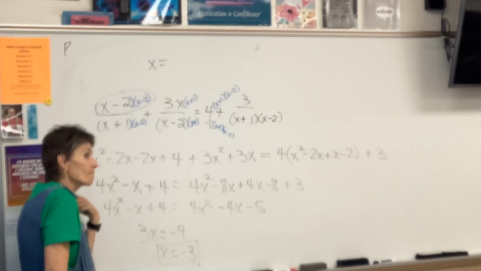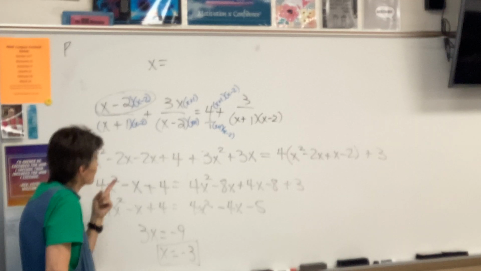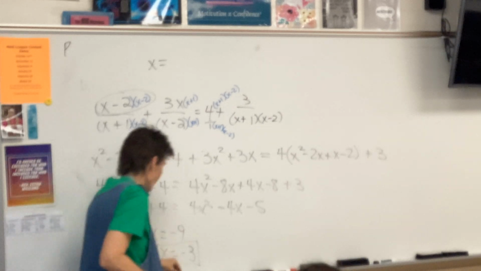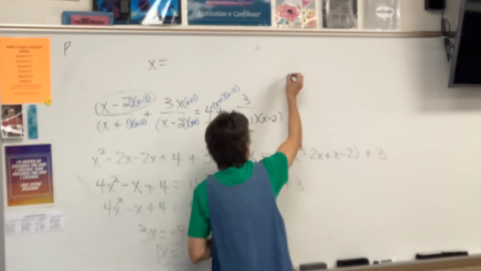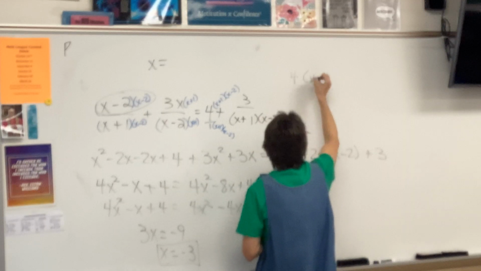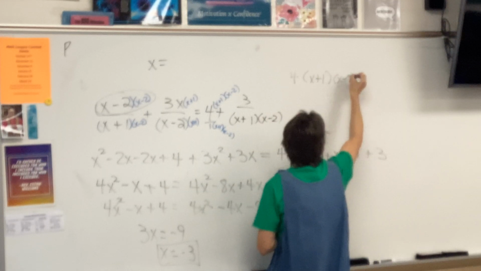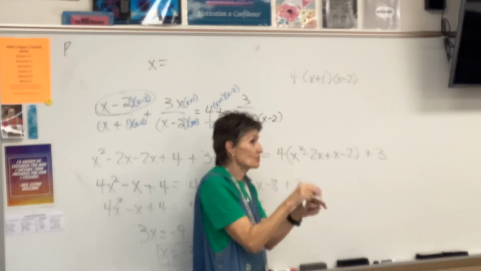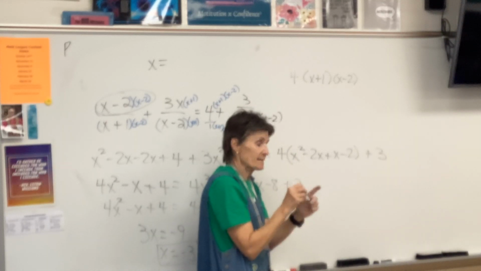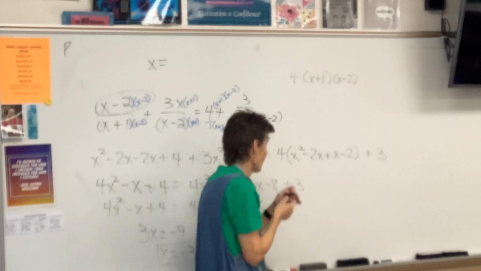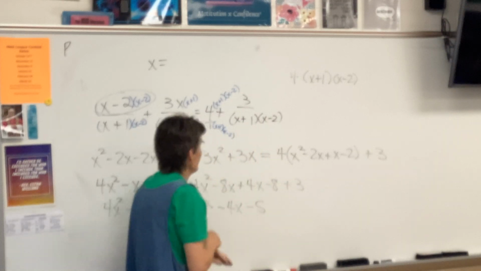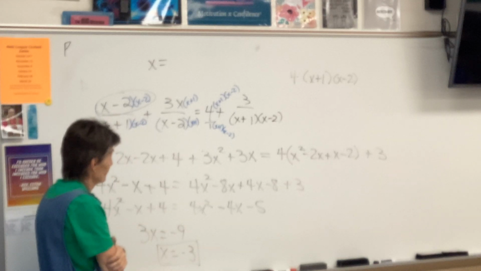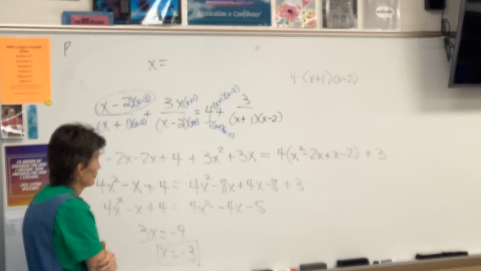I thought you'd do just 4x plus 4x minus 8. No. When you are multiplying 3 things together, you gotta do one by the other. You multiply 2 together, and then take that answer times the third. That's not a distributed problem. I got -3.